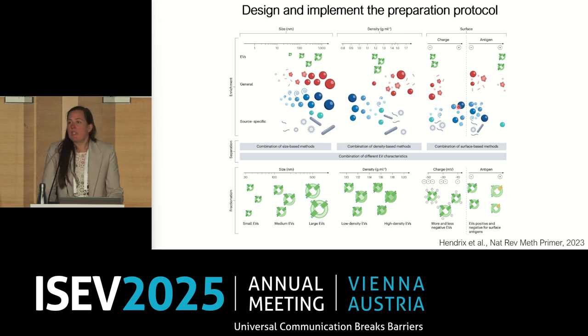So if we really want to separate extracellular vesicles from these other types of particles, most commonly we would need a combination of methods, which can be a combination of different size, density, or surface-based methods, but ideally a combination of different methods that exploit complementary biophysical or biochemical characteristics. This allows you to separate, in the end, extracellular vesicles from other types of particles.